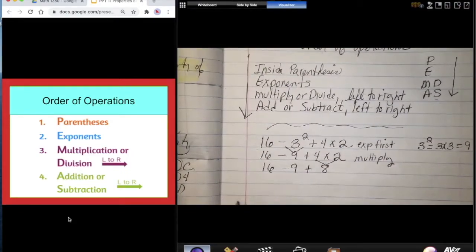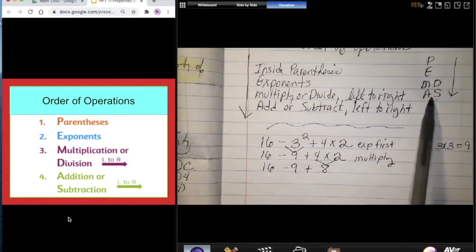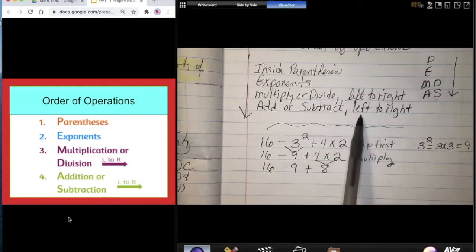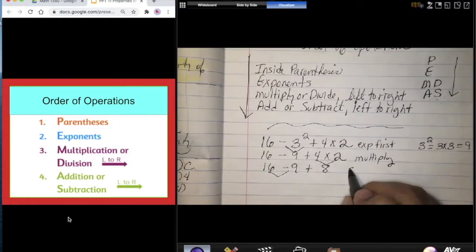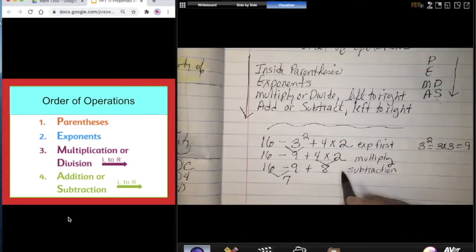Now in the last step, I have a subtraction and I have addition, which are at the same level, but remember I need to work left to right. So I'm going to work on subtraction next. And the last thing we do is add.